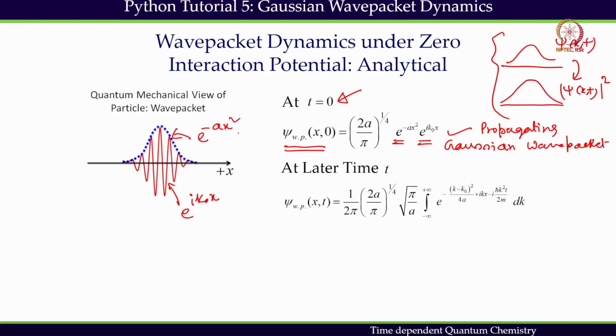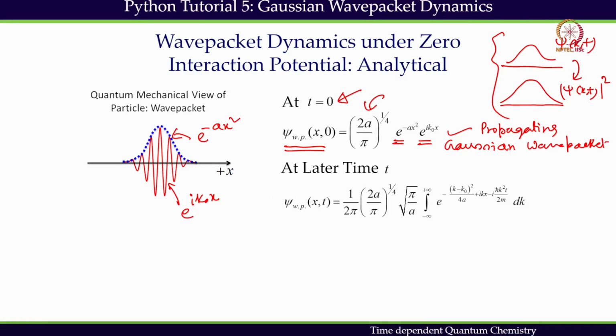These are the two components we have, and this is normalized. That is another requirement: we have to always begin with a normalized wave function and then go for the solution. The good thing about the TDSE is that it preserves the norm of the wave function. So normalization is not time dependent anymore.